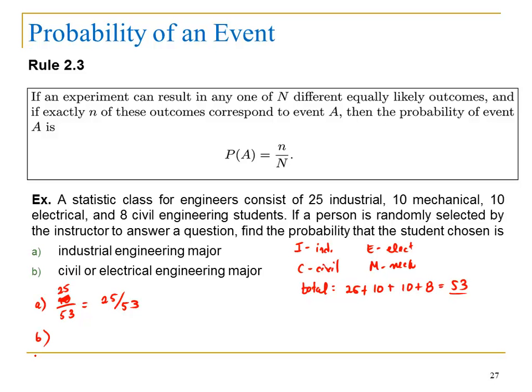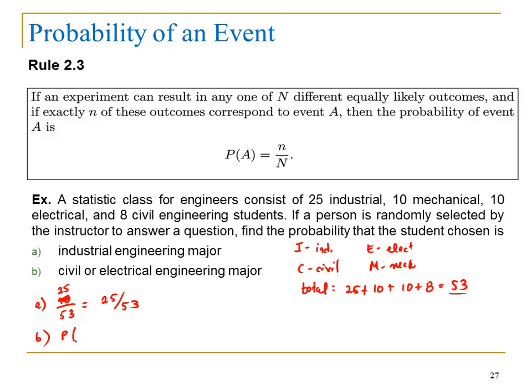So, anyone can tell me, in terms of the probability terminology, what this means? Civil or electrical? Is that a union or intersection? It's a union of events. And you know that when they are mutually exclusive, for the union of events, you just add them. So that's what we're going to do.